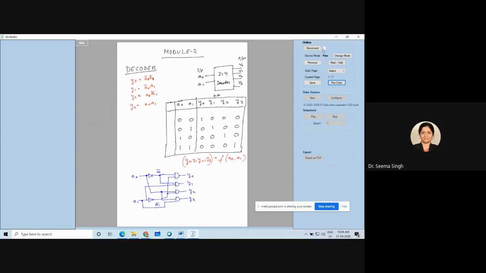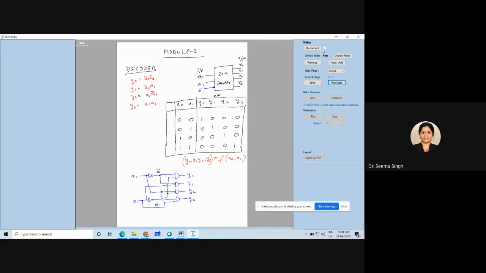Okay, now how do you show that? In this circuit, I will add one more input, and I will put a bubble here. When I put a bubble like this in any block diagram, it is called an active low input.